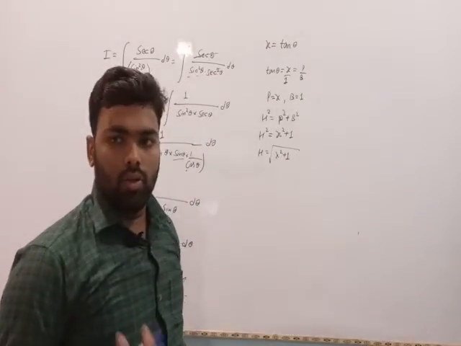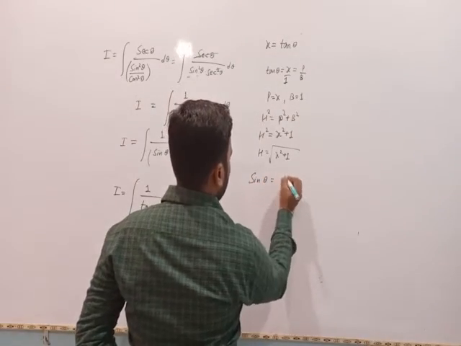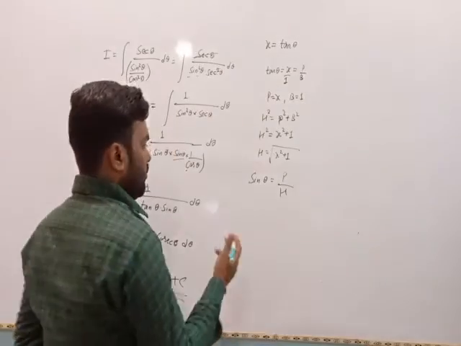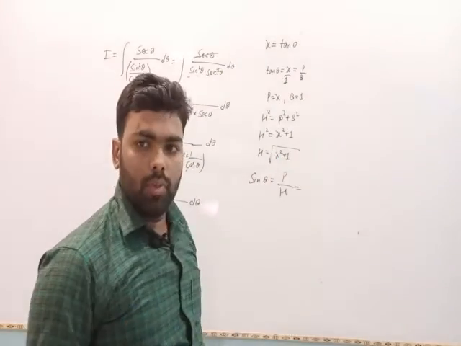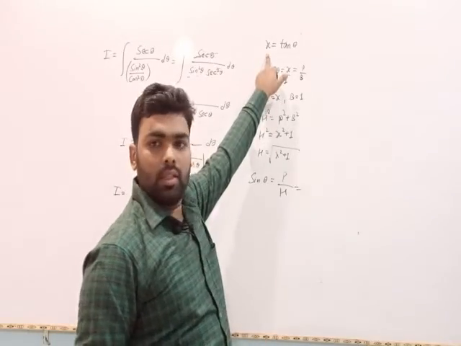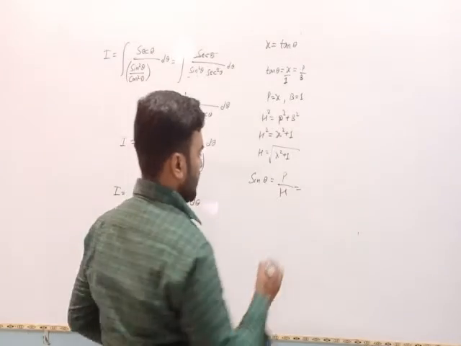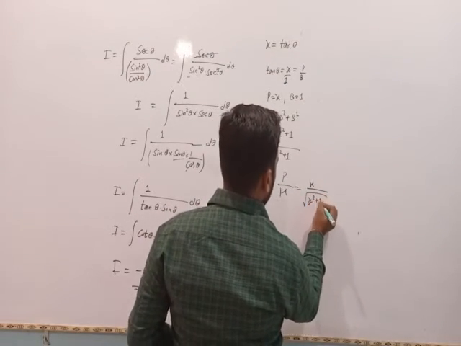Now we know sin theta is equal to perpendicular upon hypotenuse. What is our hypotenuse here? Hypotenuse is root of x square plus 1. What is our perpendicular here? Perpendicular is x. So we will replace it here, and this will become x upon root of x square plus 1.